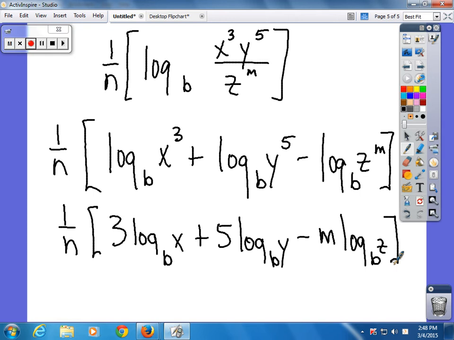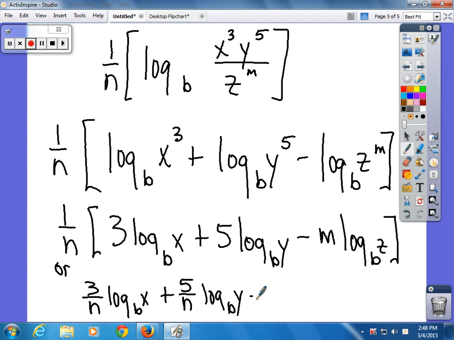At this point, you may or may not distribute the 1 over n, so I'm going to put "or", and then 3 over n log base b of x plus 5 over n log base b of y minus m over n log base b of z.